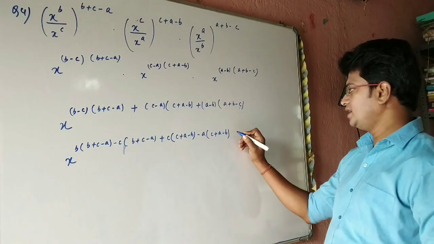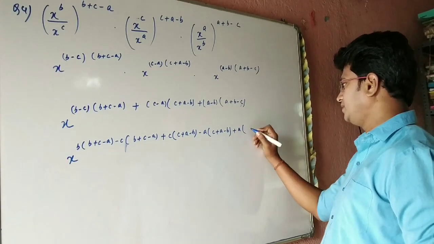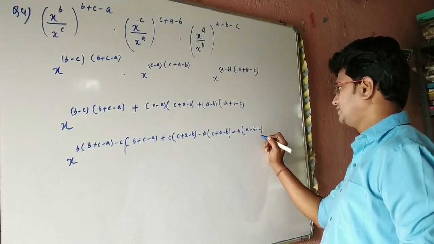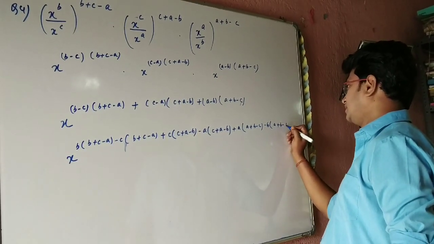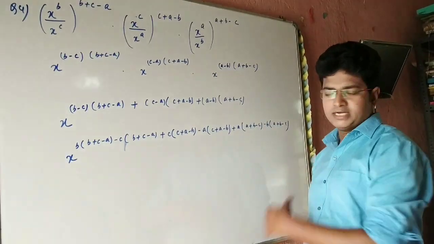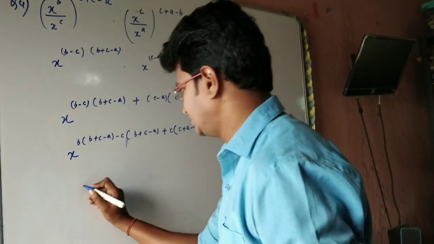In the same way, here a will get multiplied with a plus b minus c, and minus b will get multiplied with a plus b minus c. Now we need to just simplify and get the answer.